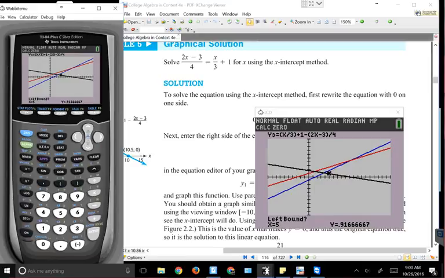Now, it wants the left bound. What we need to do is put the little cursor on the left side of where we think the 0 is. So do I have it on the left side of where I think the 0 is? So I press enter. Now I want to go to the right of it. So I arrow key over, go to the right, and I press enter.